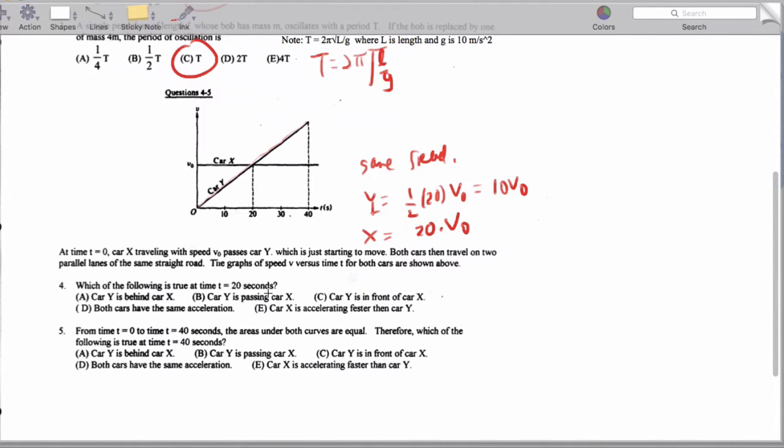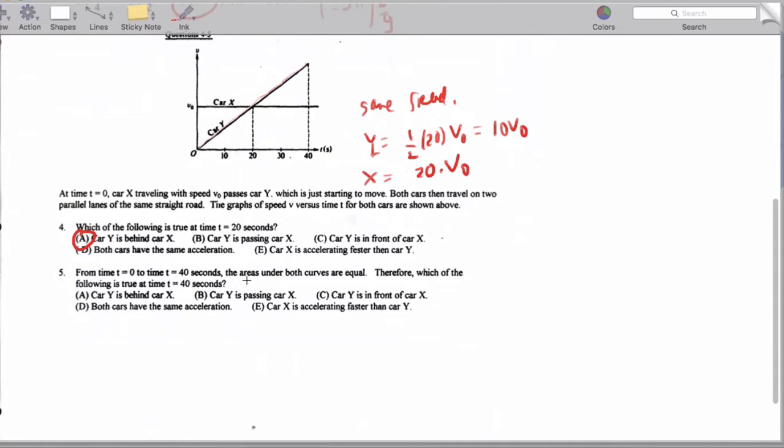Since car X's speed is the same at that time, car X is passing car Y. So car X is still ahead of car Y since it's covered more distance. That means car Y is behind car X.